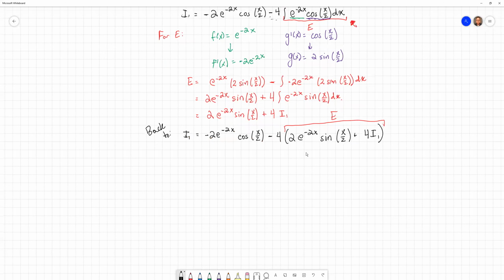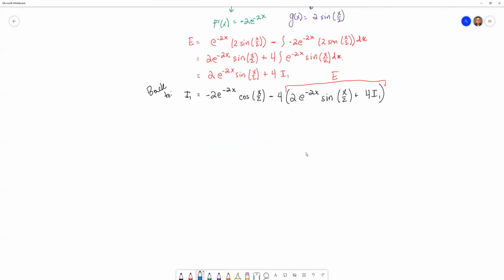And so now what we'll do is we want to rearrange to solve for I1.